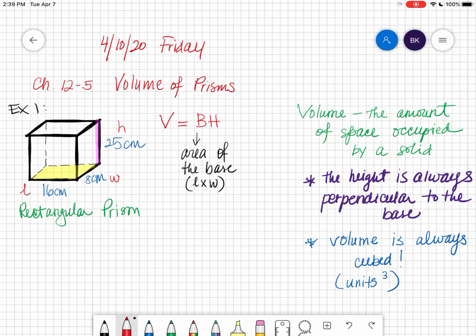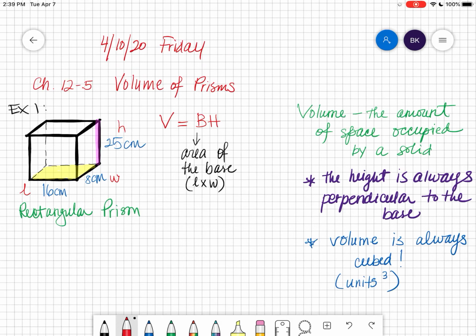And that's the formula you remember from 6th grade, or from elementary school: length times width times height. But remember from last year, I told you, or your other teachers told you, that the volume of the rectangular prism has the formula base times height.